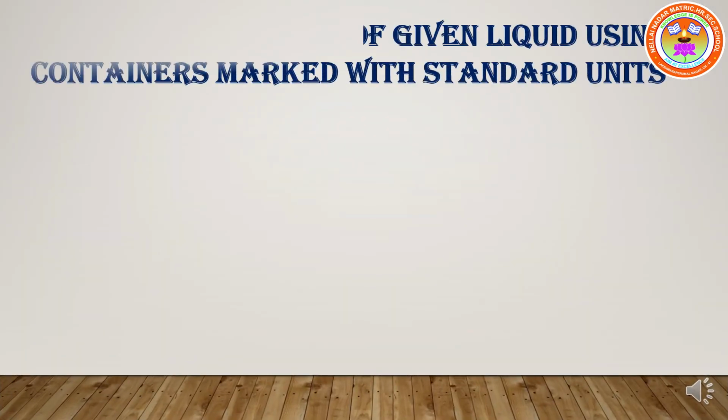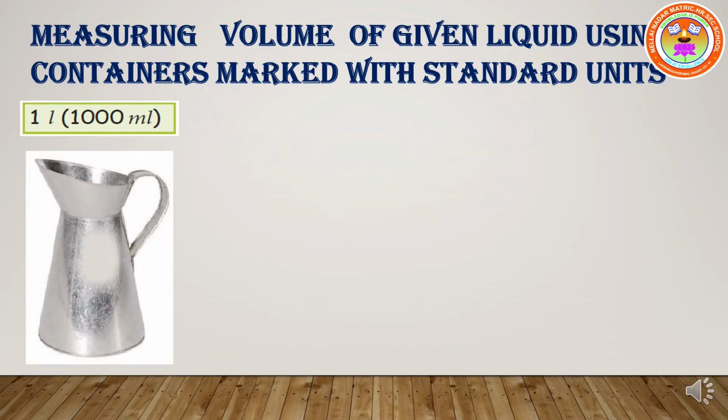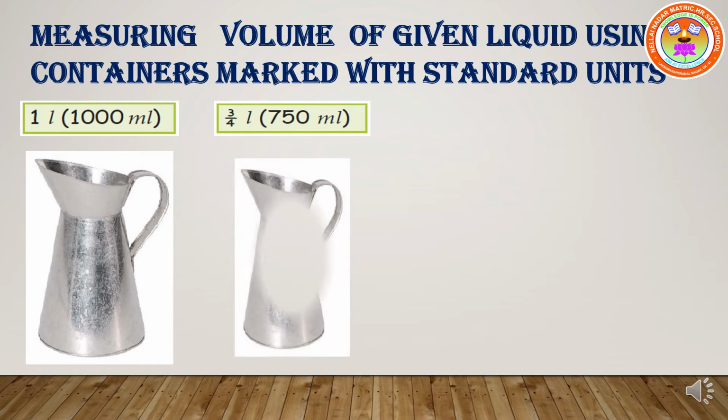Children, now let us learn how to measure the volume of a given liquid using containers marked with standard units. For 1 liter or 1000 milliliters, we use a big jar, a 1 liter jar. Next, for 3 by 4 liter or 750 milliliters, we use a 3 by 4 liter jar.